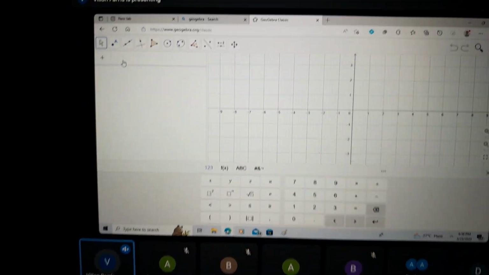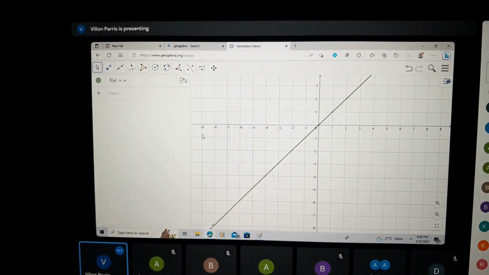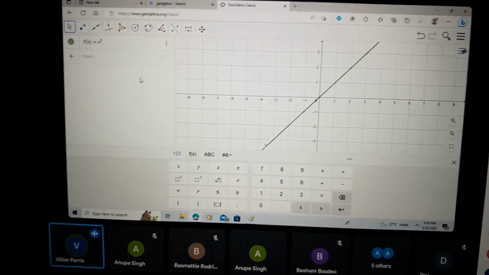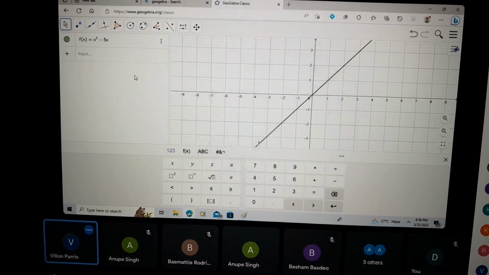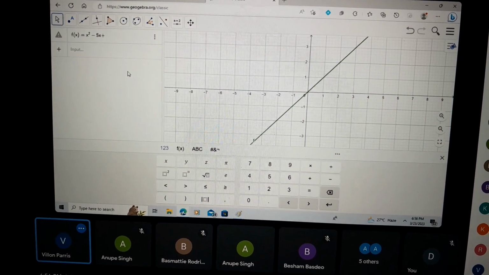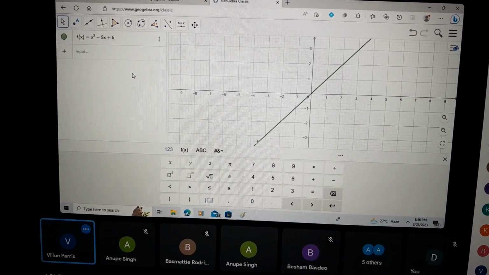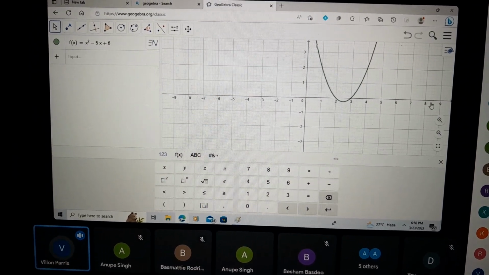All right, so let's look at a function. X squared minus 5x plus 6. So let's look at this function here.